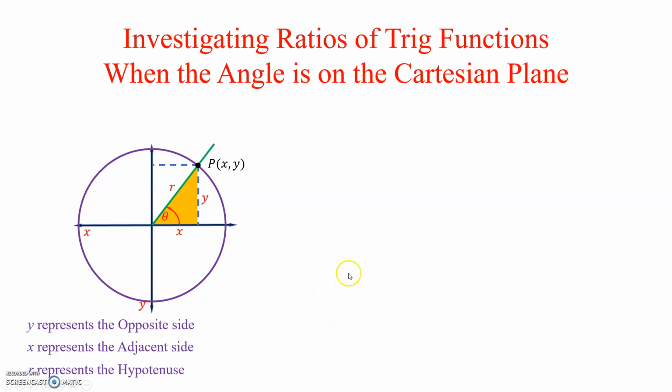So we're transitioning. In right triangle trigonometry, we were bound by the words opposite, adjacent, and hypotenuse. Now that we're on the Cartesian plane, we're using the variables x, y, and r. So that means our 6 trigonometric functions with the corresponding ratios will now have new ratios. Instead of using the words opposite, adjacent, hypotenuse, we'll be using y, x, and r.